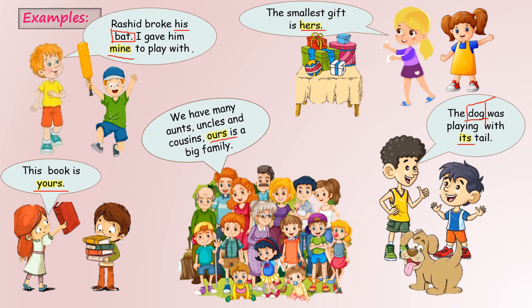But when we use possessive pronouns, then we use mine, yours, ours, hers, its, his. Is it clear, children? And one more thing, mark it, we never use apostrophe S with possessive pronouns. Is it clear, children? I believe possessive pronouns are clear to you all.